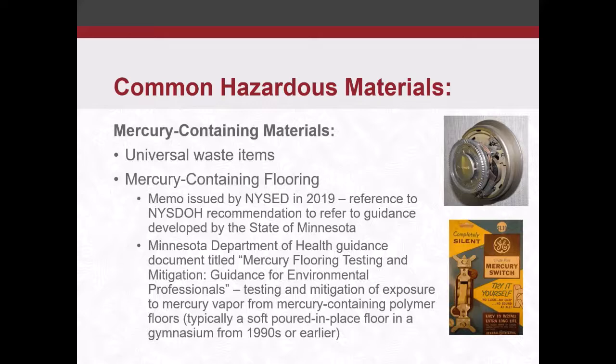This is typically a soft poured-in-place floor. They were commonly used in gymnasiums, in installations prior to the 1990s, in the 1960s and 70s. You might also see them in multi-purpose rooms or cafeteria areas. These were common in those buildings with large floor spaces.